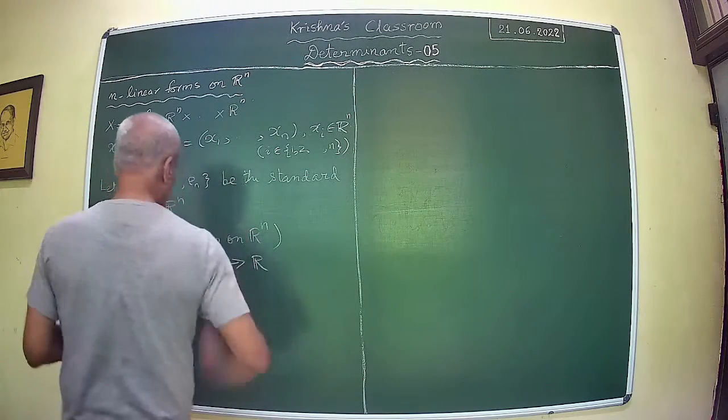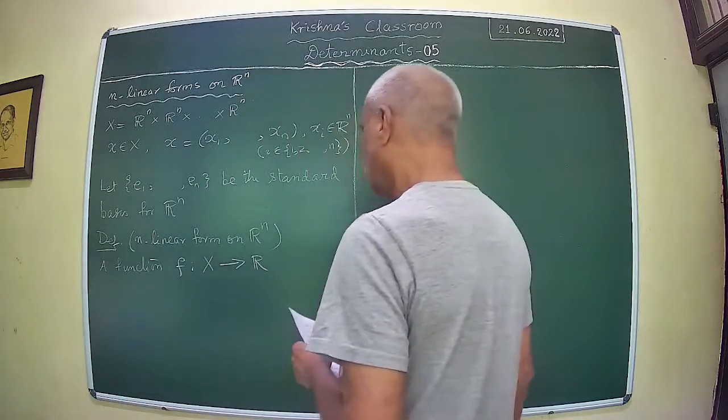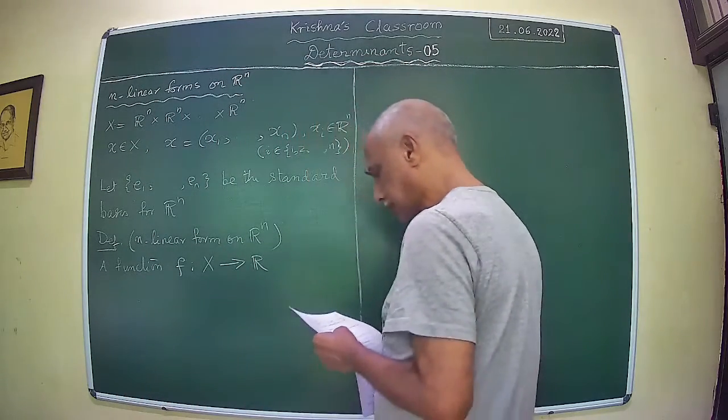It's a real valued function on X with certain properties. Now what are the properties?